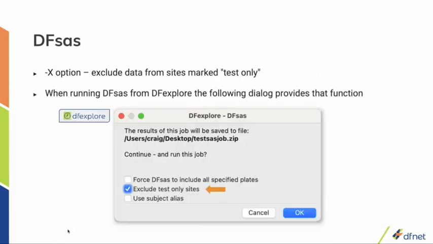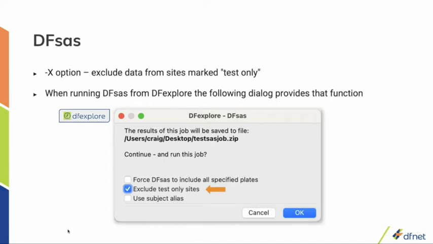Next slide, please. We didn't stop there. We decided, well, people want to look at their data with SAS, and you don't want to look at your test data in SAS, or have to write additional SAS code to eliminate it. So we added the -X option to the command line to keep things consistent, which again excludes all your test only data.